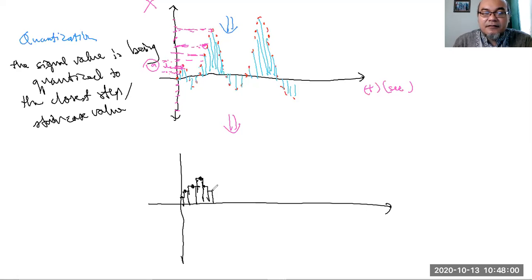So now it is all considered constant throughout this sampling period t, with a value approximated from the previous discretized value. Approximated here means that the discretized value is rounded to the closest staircase value.